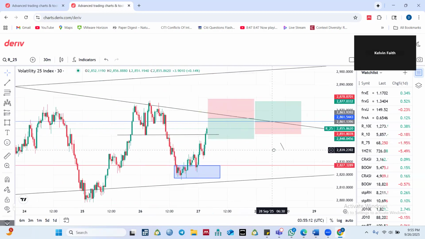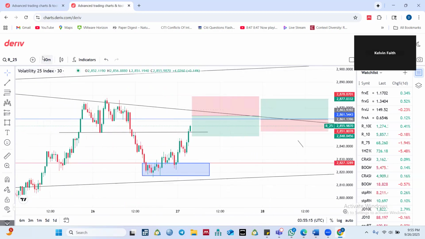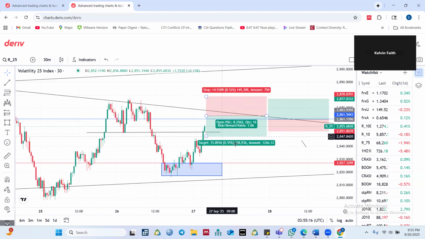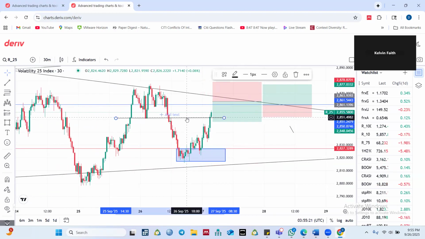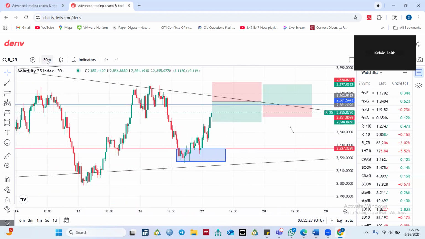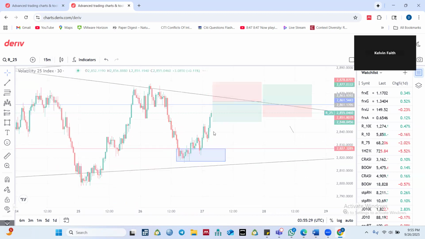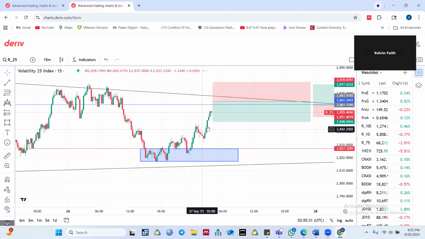This is the 30 minutes on 50 index once again. The blue line is the area where we should be. Let me go to 15 minutes.